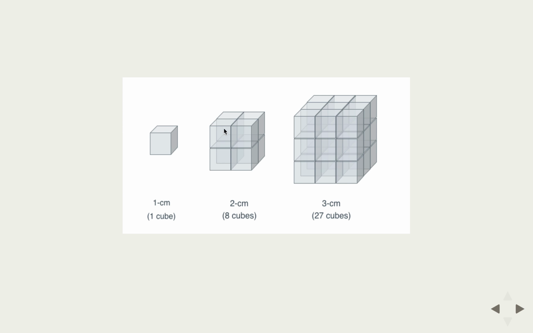So we have 4 in each layer, and then we have 2 layers. We have a total of 8. Now similarly, we can use the same unit cubes to make even bigger ones. In this case, 3 by 3 by 3 in the depth, height and width. All right. So the total would require 27.